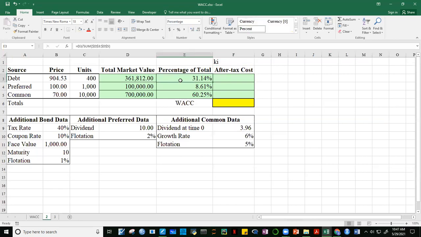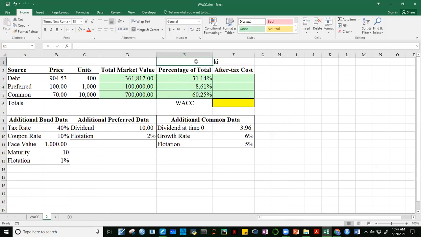Here we're given that the debt's price is 904.53, and the number of units is 400. To get the market value, we just multiply these. So we can get the weight of debt, weight of preferred, and weight of equity.